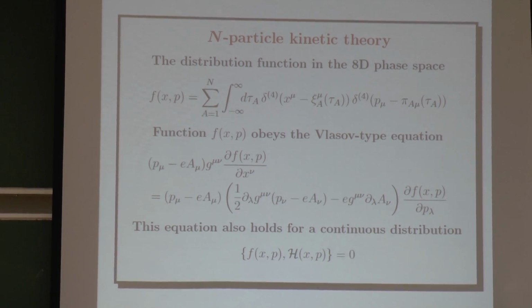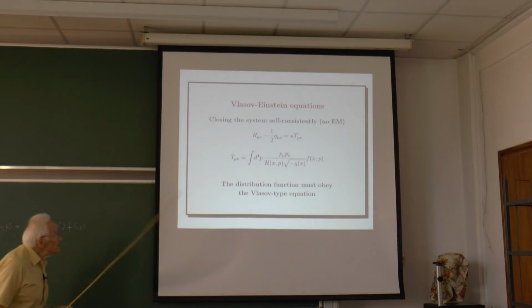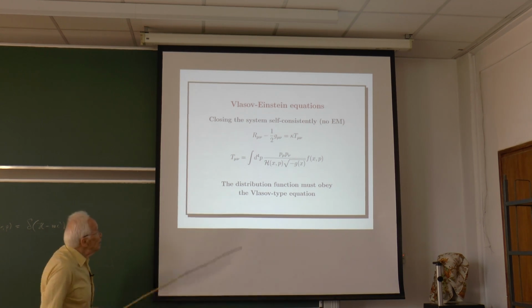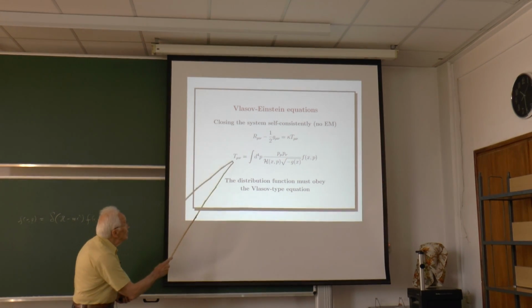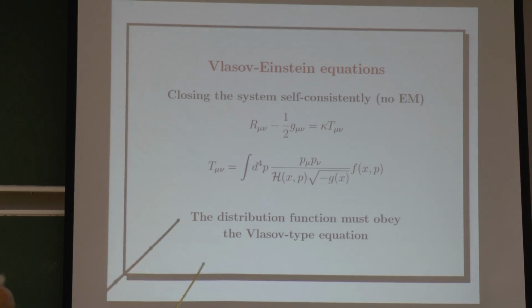What are the difficulties and why are we struggling so much without great success here? Because there are various things that must be imposed to make this model sensible. One thing must be, look here, T is a functional of f. However, when the gravitational field ceases to exist, it becomes the Minkowski metric in the distance. If we want to describe some clump of matter, we assume that the space is flat very far from this clump of matter.